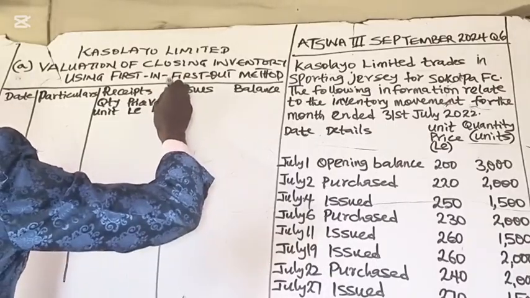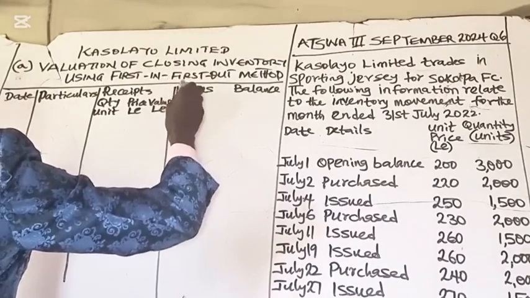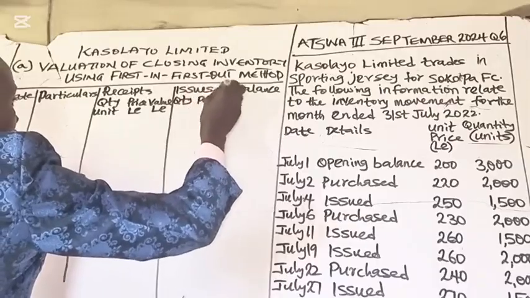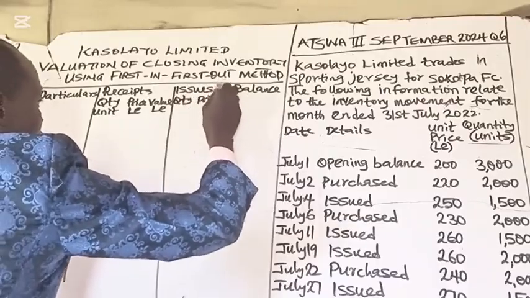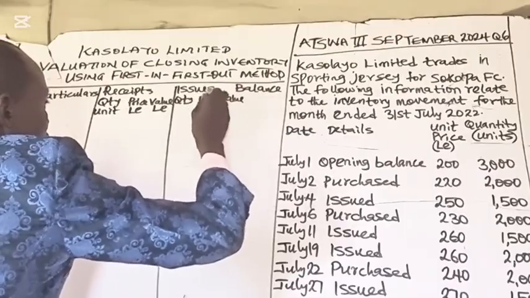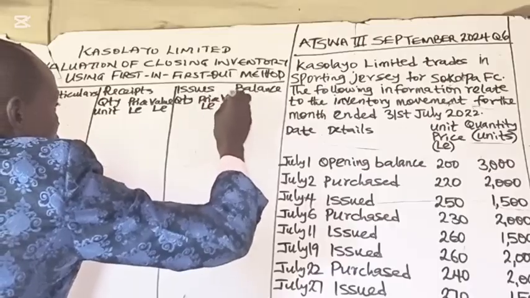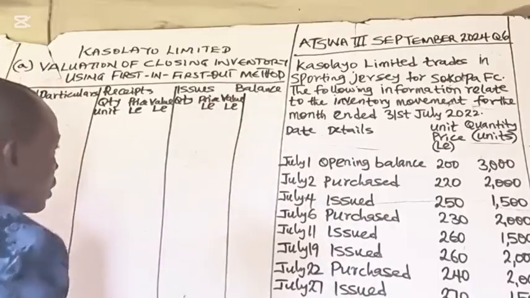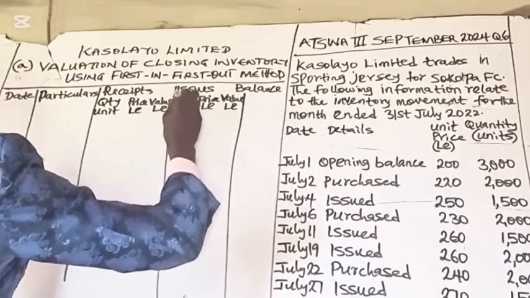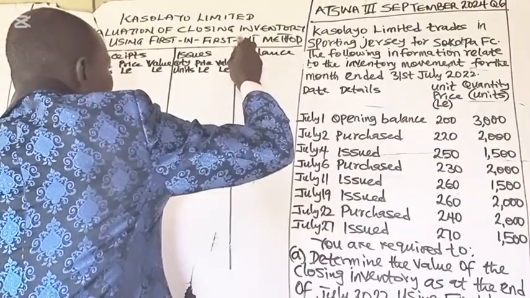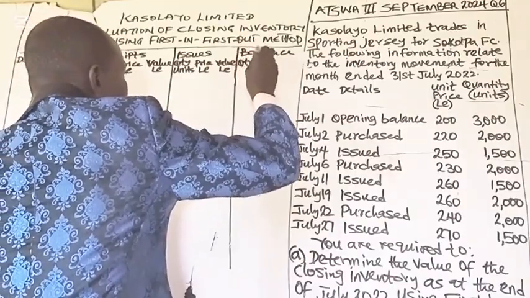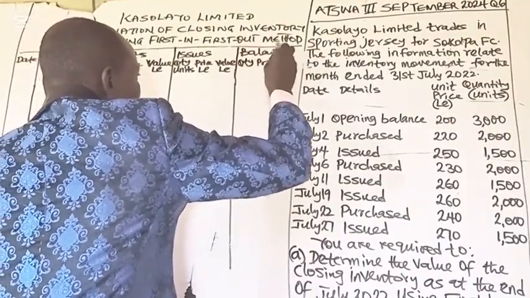The balance column will have quantity, price, and value.